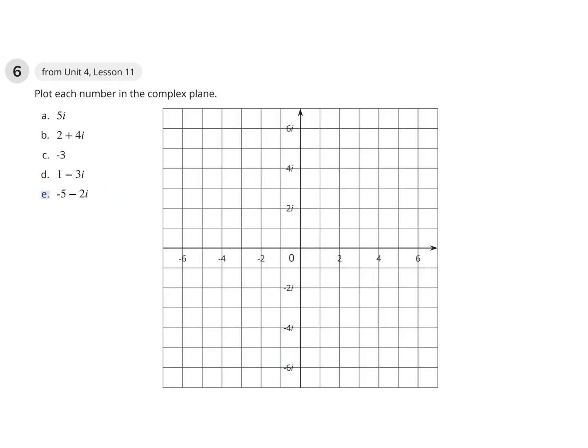Okay, so I didn't place too much importance on this, so I'm not worried about plotting these in a complex plane, but I'll do it. Just A is 5i, which is A. B, 2 plus 4i. You go to the right 2, and then up 4i, so this is B. C, negative 3 is a real number, so it's only on the real number line.